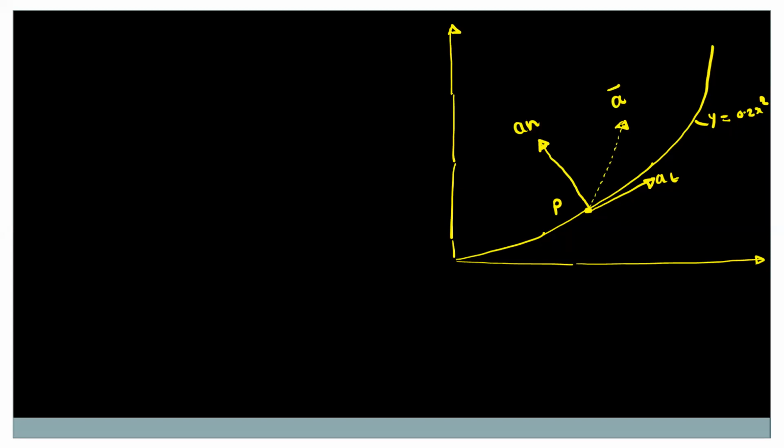Okay, so by using this normal component and the tangential component, we can find out this angle, that is the angle made by the resultant vector with the tangential component. Okay, so let us take this angle as theta. So theta we can find out. We have to use just tan theta.